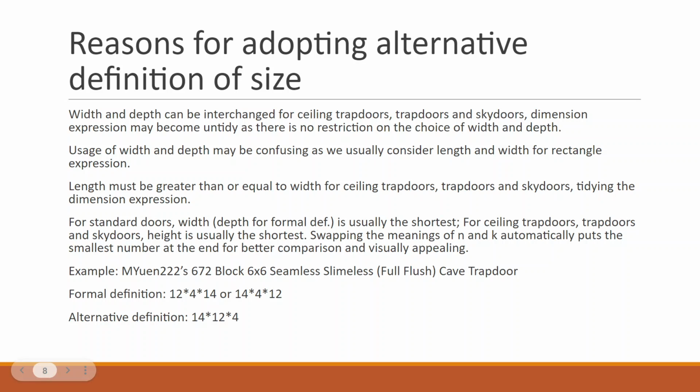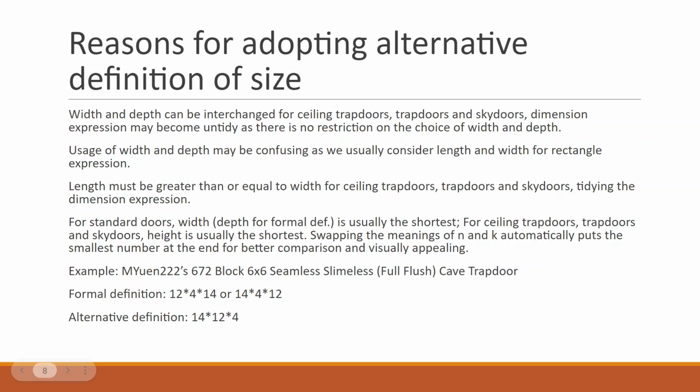And then we obviously have 4, which is the height of the door. But for the alternative definition, we will only have one expression. This is 14 by 12 by 4, because 14 is greater than 12, so we consider 14 as the length, 12 as the width, and 4 as the height, obviously.